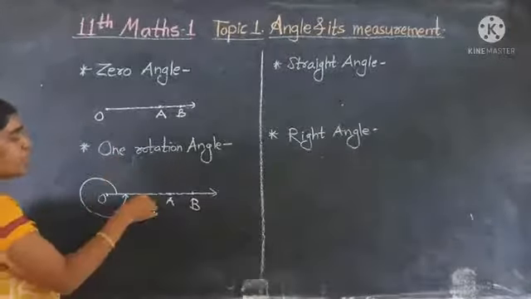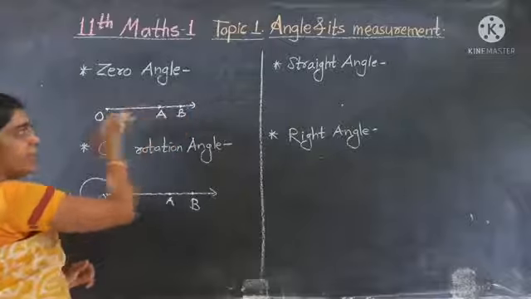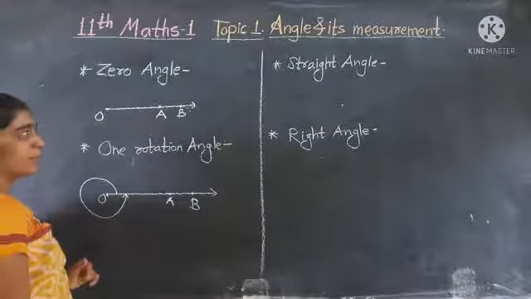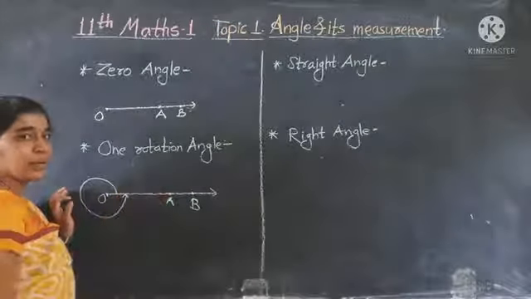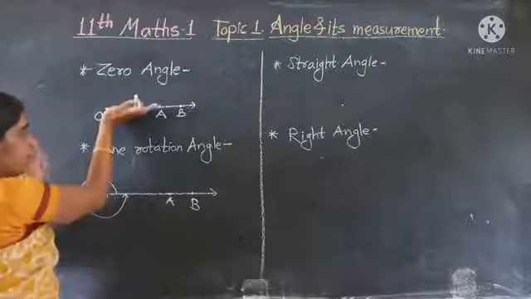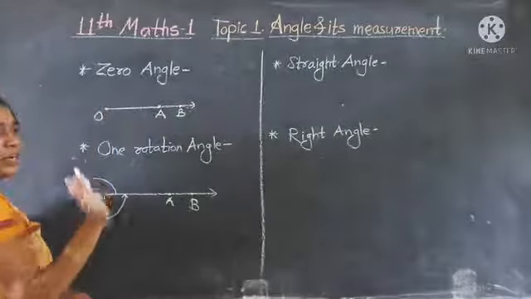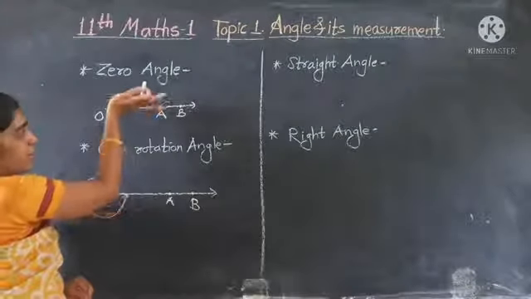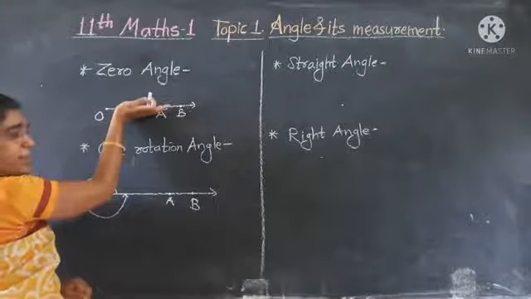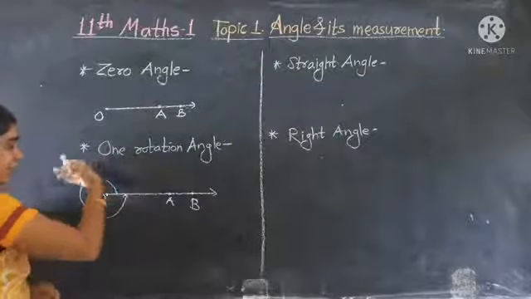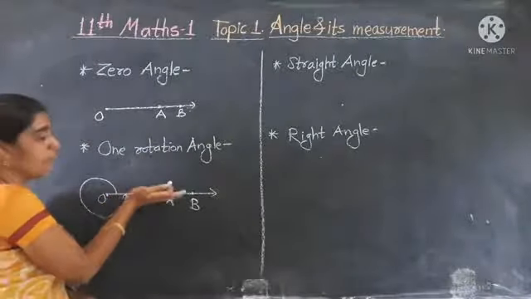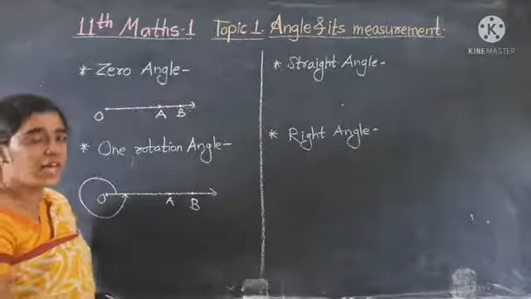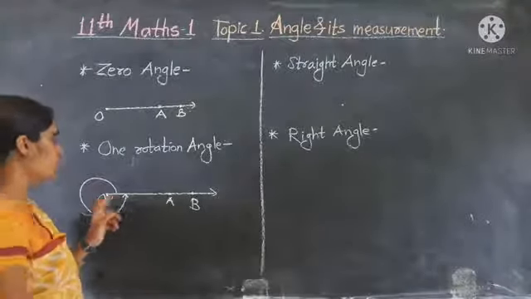What is the difference here? Here OA and OB coincide, the same arm. Here also OA and OB coincide. The only difference is that here the initial arm does not rotate, it itself is the final arm, and here the initial arm rotates completely and comes again to that position, and we get the final arm. So it is one rotation.